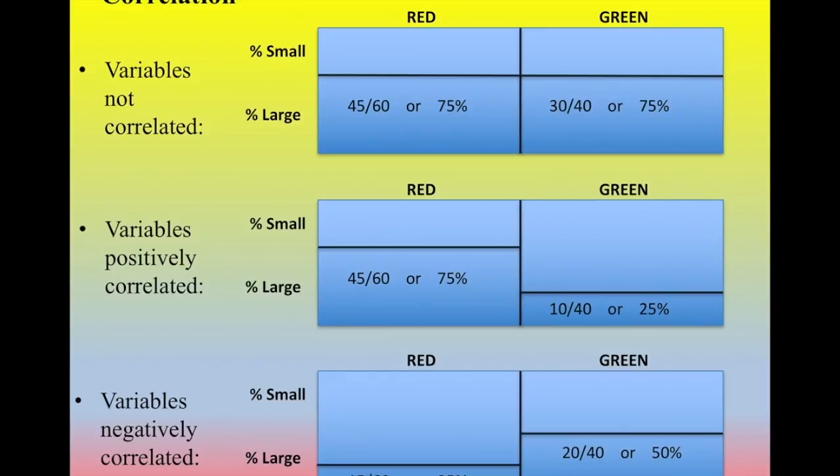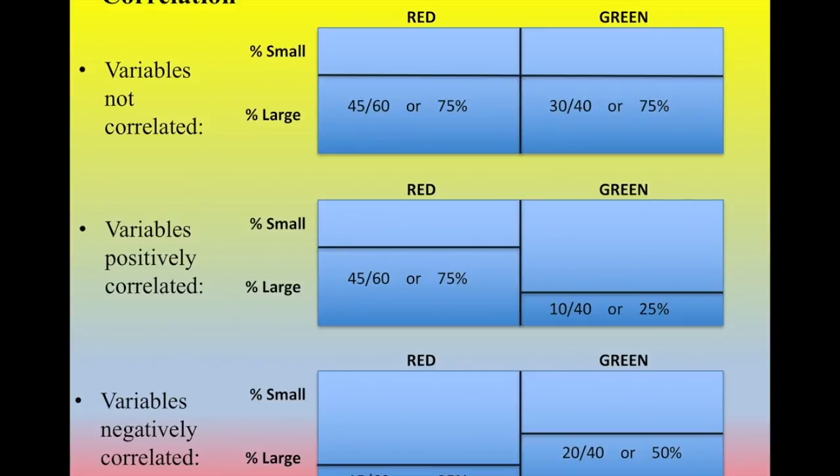If I'm off in the other room randomly pulling a marble out of this third jar, with no other information being given to you, just given the straight numbers, because 35 out of 100 of these marbles are large, then you would give the probability of my pulling a large marble from this jar 35%.